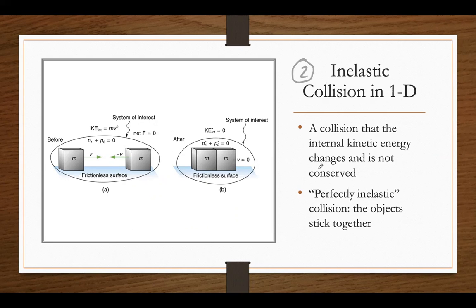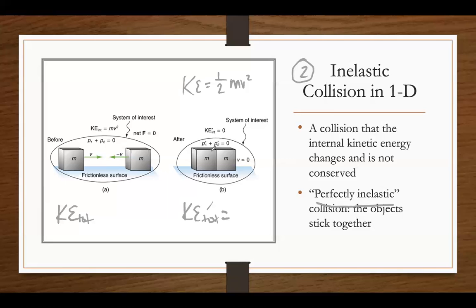So in this perfectly inelastic collision, we have some kinetic energy total before, and then some kinetic energy after. In the perfectly inelastic case, they stick together, which means there is going to be no motion. Remember that kinetic energy is calculated as 1/2 mv squared.